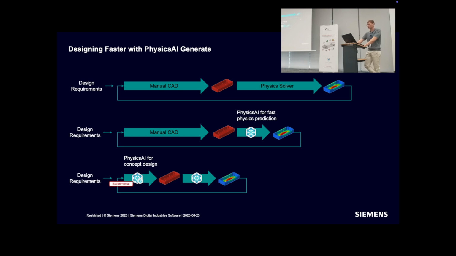And in this way, the vision is to automatically create a new design concept with the help of Physics AI Generate, feed this into Physics AI, and be able to predict the results very fast. In this way, we're able to reduce even more the time needed for this design cycle.